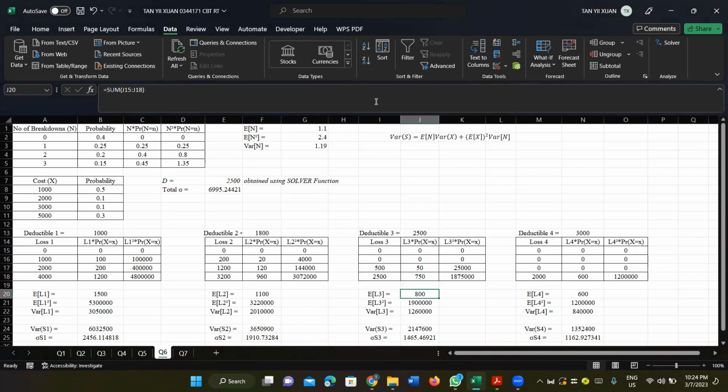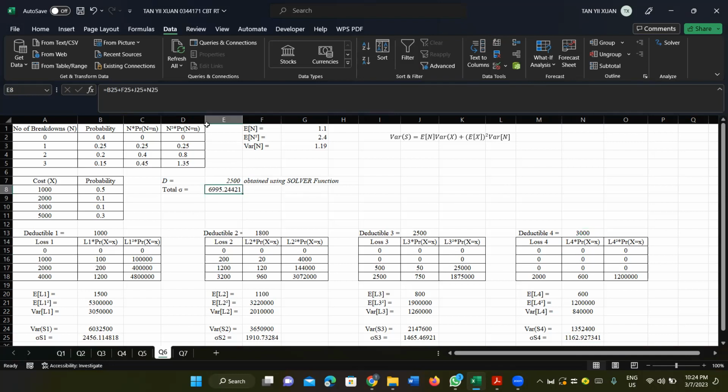So we can get the mean, the expected value of L squared, and then the variance, of course, and the standard deviation of these aggregate losses. We do the same to get the standard deviation for this deductible as well.